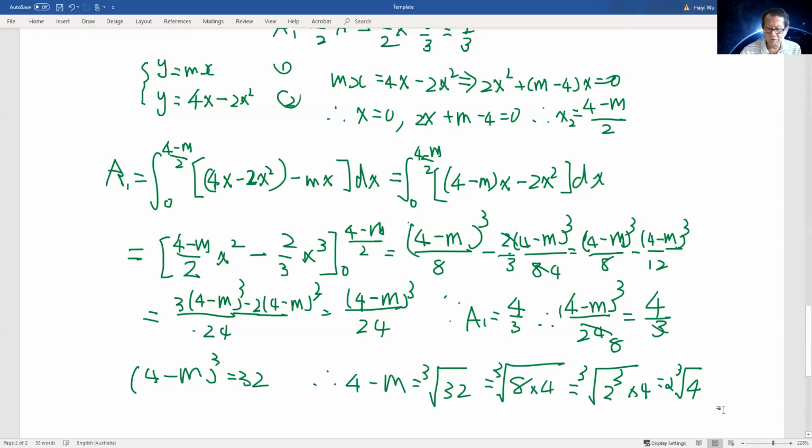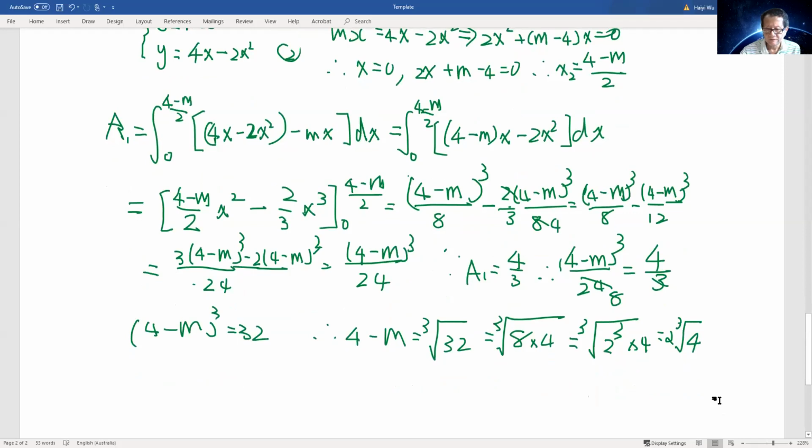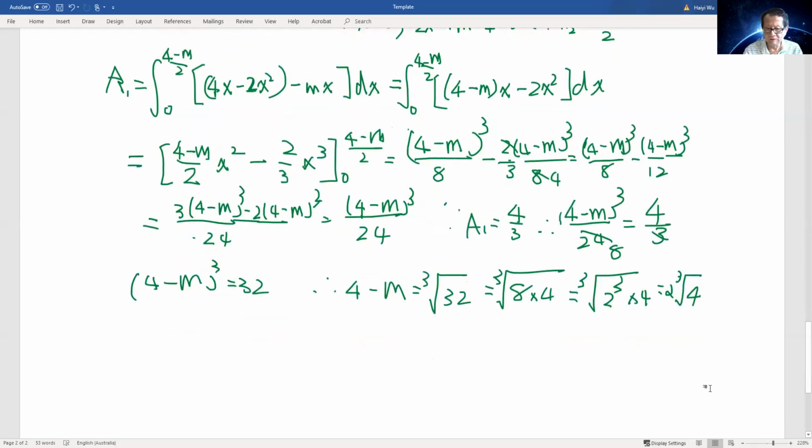So this is our 4 minus m. Therefore, our real m will be 4 minus 2 cubic root 4.